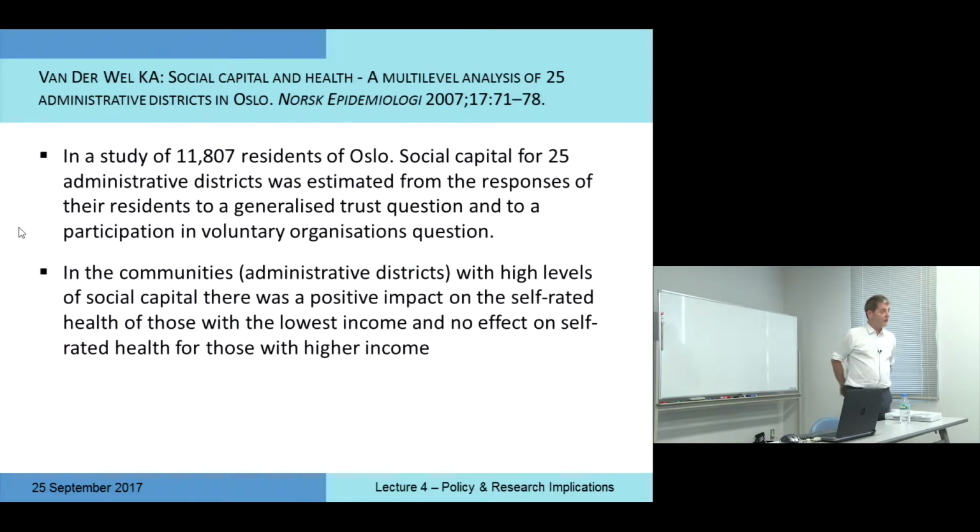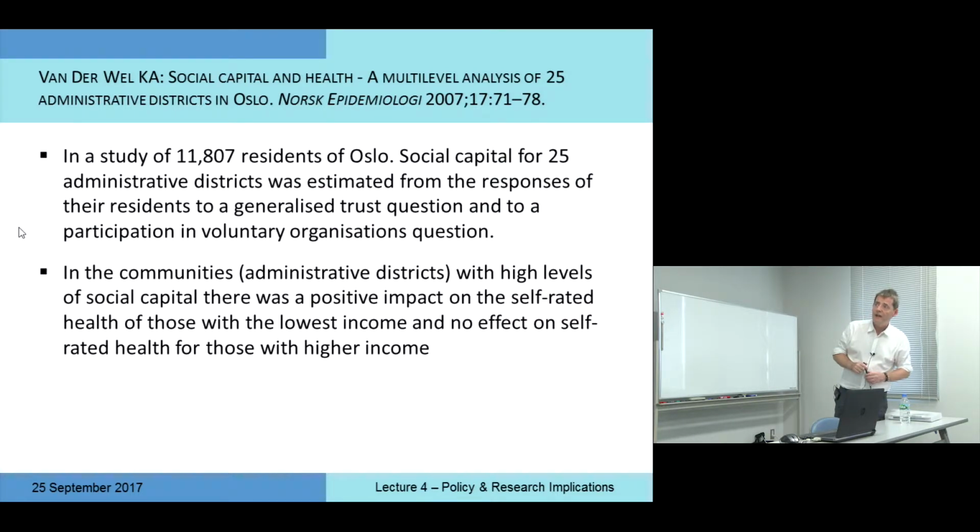The generalised trust question is, how much do you trust other people? A lot or little. And the measure of social capital here is an average of those individual responses. So it's the responses of people in the administrative district you're in. So Oslo is divided into 25 administrative districts, and to get the measure of social capital, you're taking the average individual level of trust in each of the 25 districts.